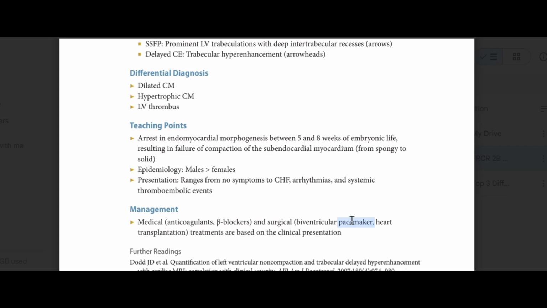So biventricular pacemaker is the surgical treatment of choice. Then heart transplantation. Start with medical beta blocker for the arrhythmia, then surgical biventricular pacemaker, then cardiac transplantation as the last resort.